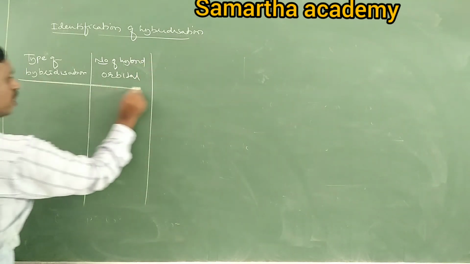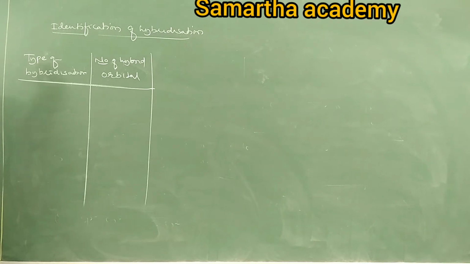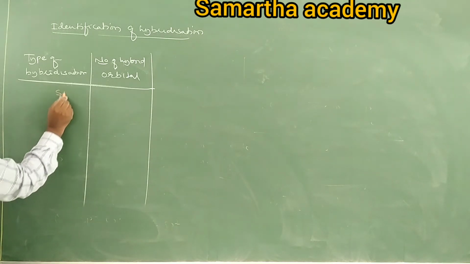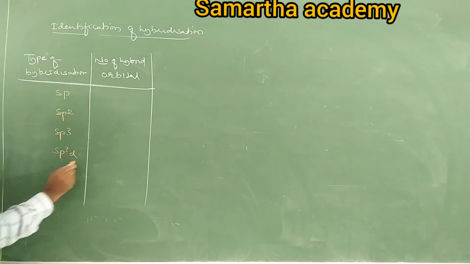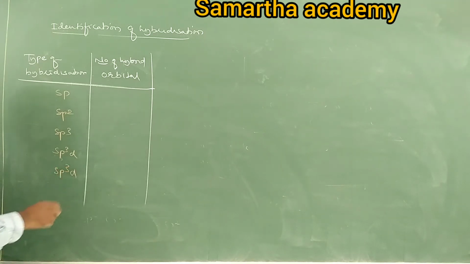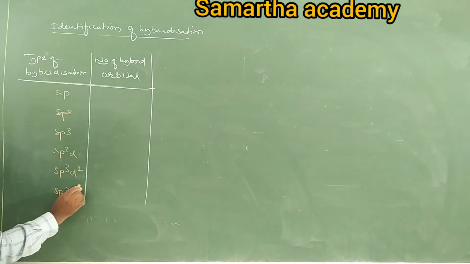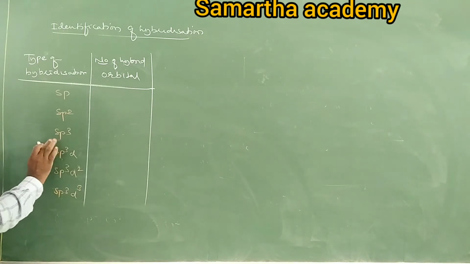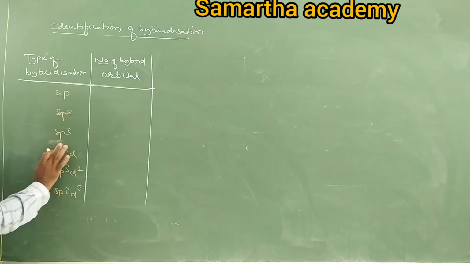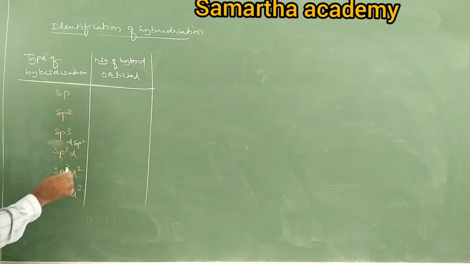We have studied types of hybridization: sp, sp2, sp3, sp3d, sp3d2 and sp3d3. dsp2 we also study, but that is only in coordination compounds, not in inorganic molecules here.